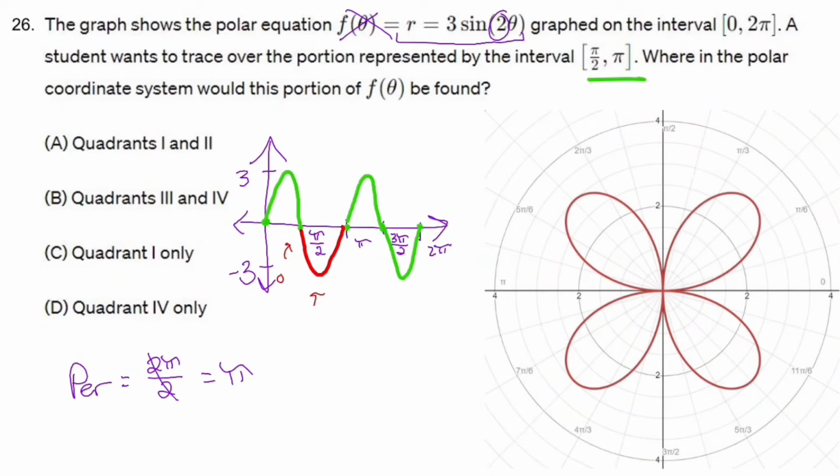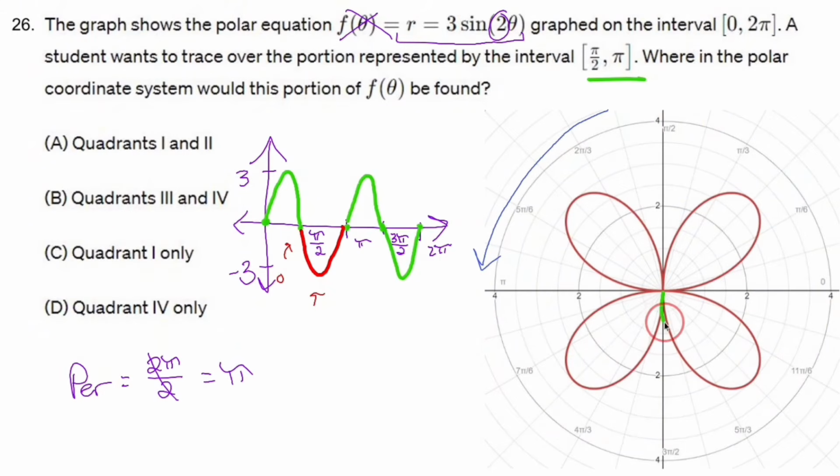Let me pick some numbers that I could use. At pi over 2, which is right here, we're at 0. As we move from pi over 2 to pi this way, we're not coming out this way. We're in negative land, so we're actually going out this way.